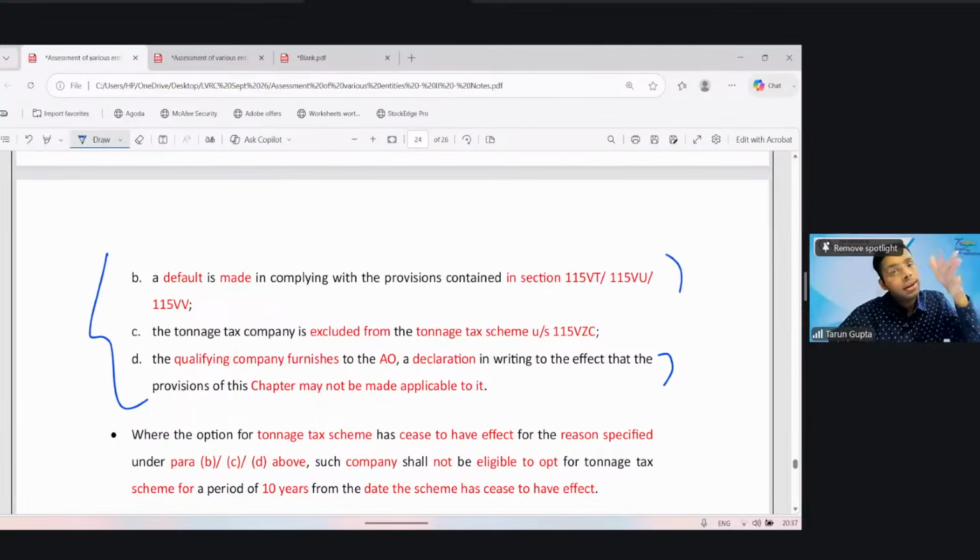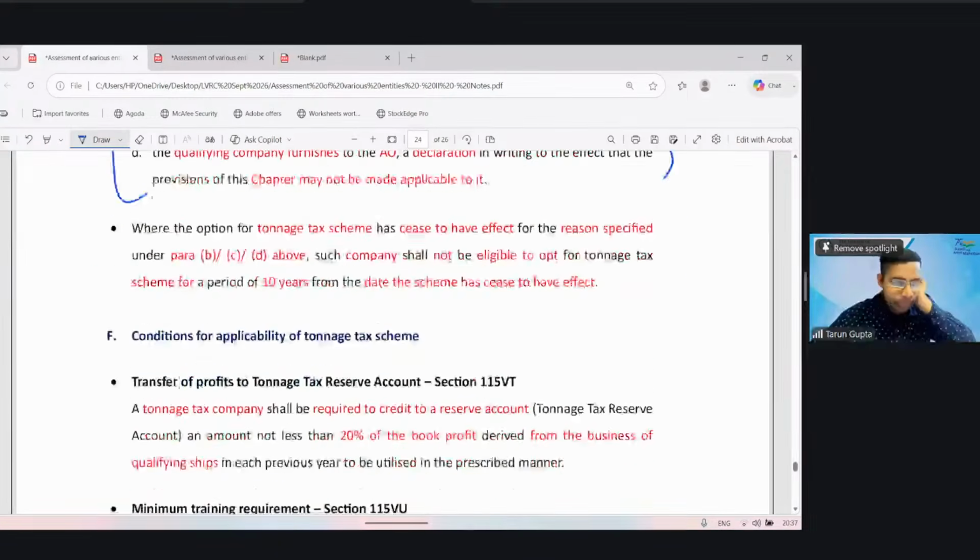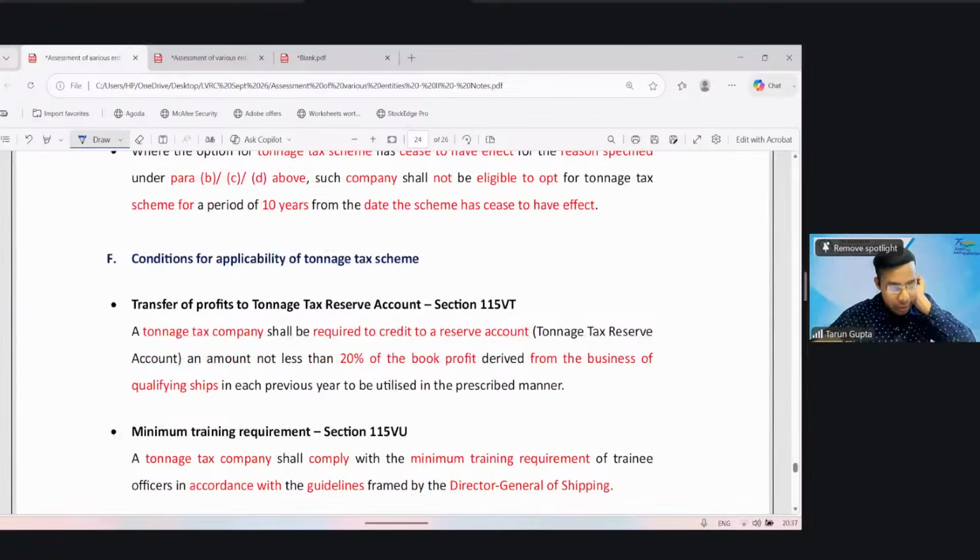So if you default in these conditions, or you yourself say that you want to opt out, or you engage in a transaction for avoidance of tax, then in these three conditions you will not be allowed the benefit of the scheme, and you will not be allowed to enter the scheme again in future, up to a maximum of 10 years.